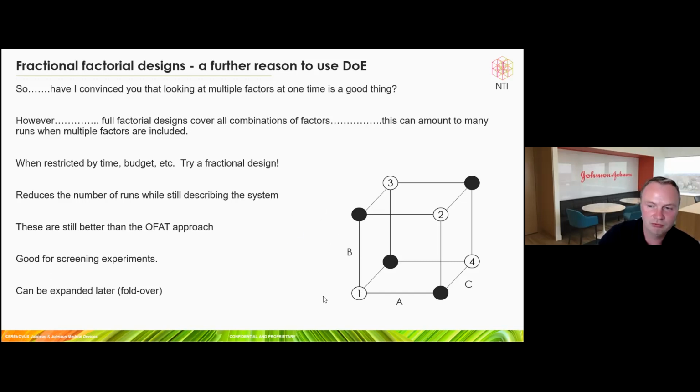And you can always fold over and increase the design if you decide to do so in the future. Okay, so it's another benefit, and there's several different types of model designs you can choose to use for this.